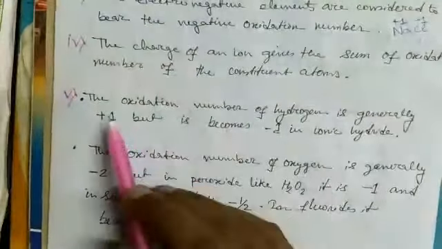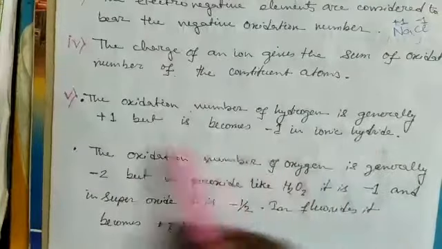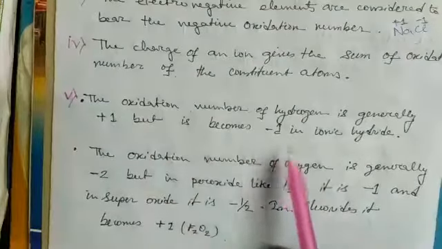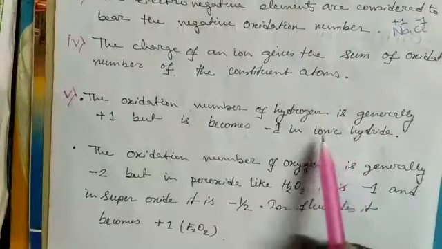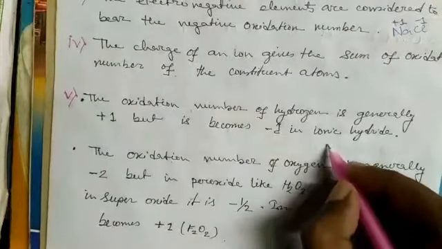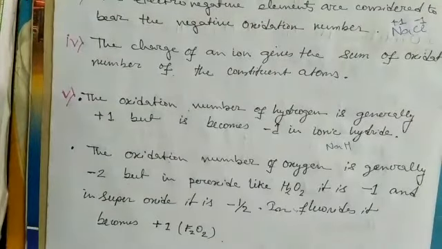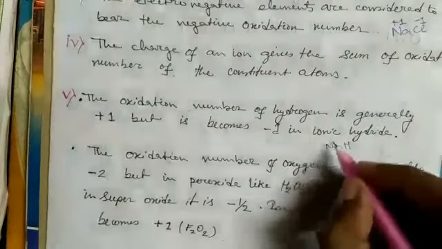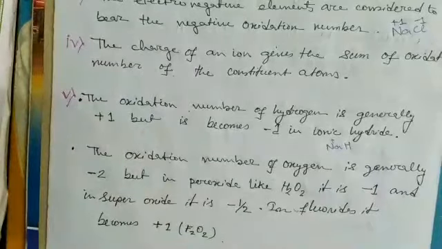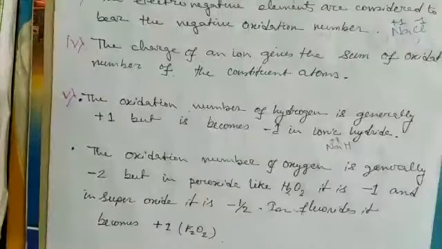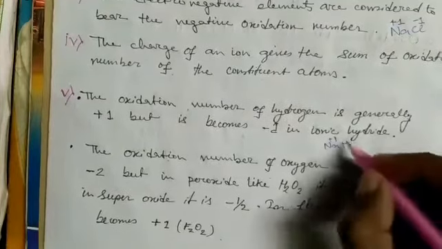Rule 5: the oxidation number of hydrogen is generally +1, but it becomes -1 in ionic hydrides. By ionic hydride we mean sodium hydride. In sodium hydride, the oxidation state of sodium is +1, as sodium is more electropositive than hydrogen, and the oxidation number of hydrogen, or rather hydride, in this compound is -1.